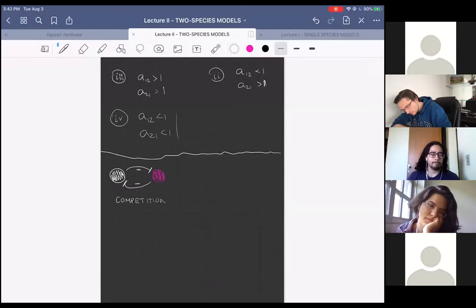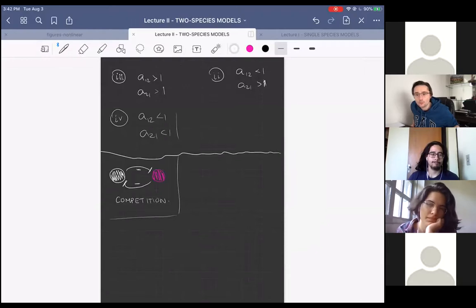Competition. So for many, many times, competition was thought to be, I don't know if the most important ecological interaction, but many people were studying competition. This idea of why I have so many species coexisting if they compete.